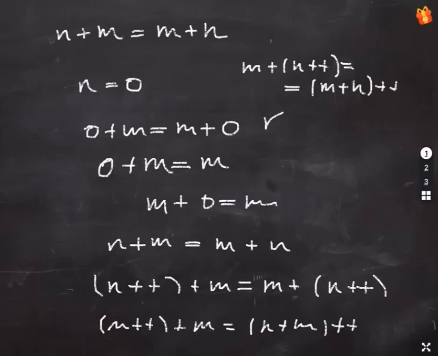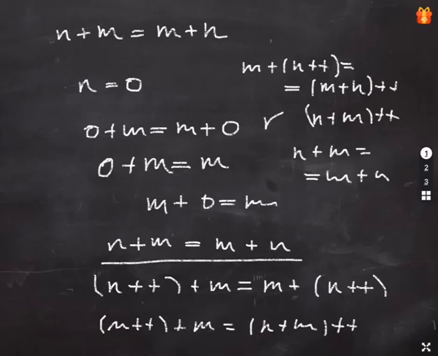But this is equal to n plus m plus plus by the hypothesis that n plus m is equal to m plus n, the inductive hypothesis. So n plus plus plus m is equal to m plus n plus plus, and we have our proof.